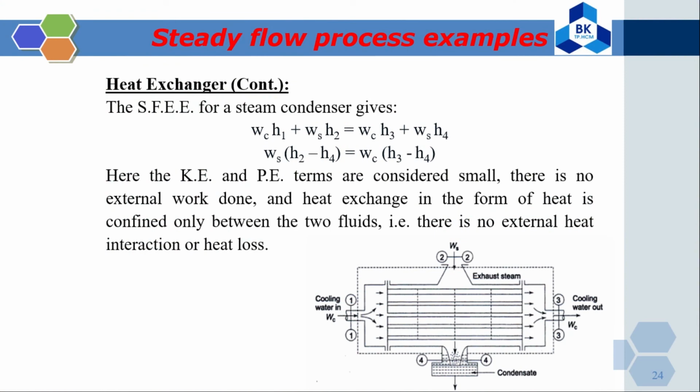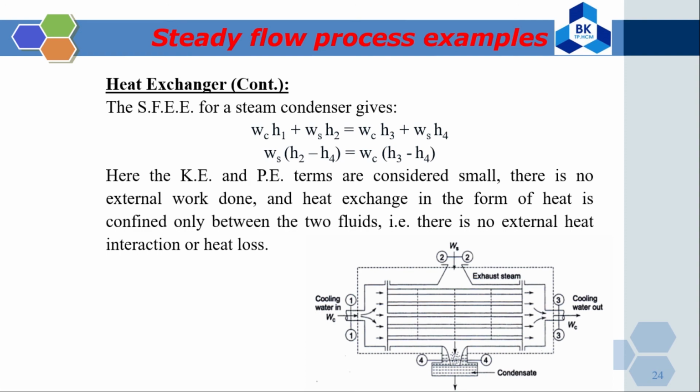Here, the kinetic and the potential terms are considered small. So there is no external work done, and the heat exchange is confined only between the two fluids. It means there is no external heat interaction or heat loss.